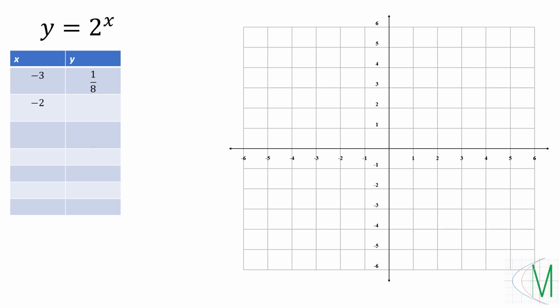If I plug -2 in, I get 2 to the negative 2, which is the same as 1 over 2 squared, which is 1 over 4. Do the same thing with -1. Plug -1 in, you get 1/2.